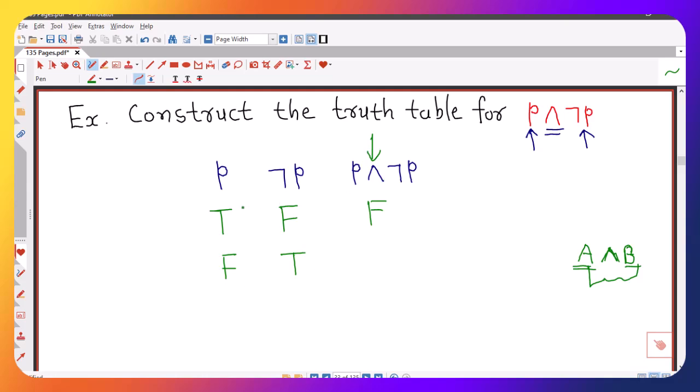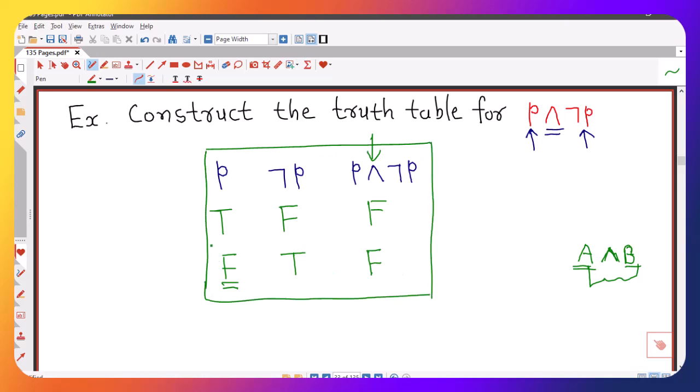This is true if both are true. Here also one is false, therefore this is false. So this is the truth table for P and negation of P. So we should write systematically. We can draw rows and columns like this.